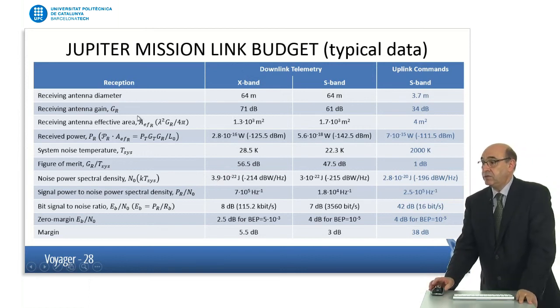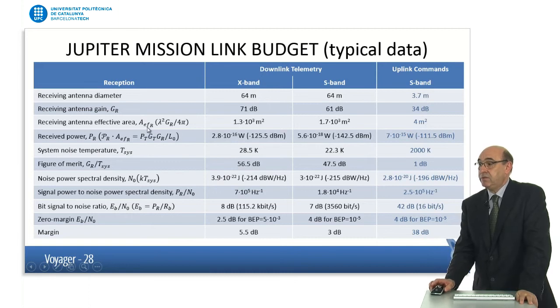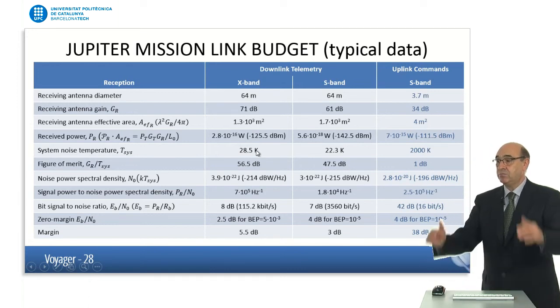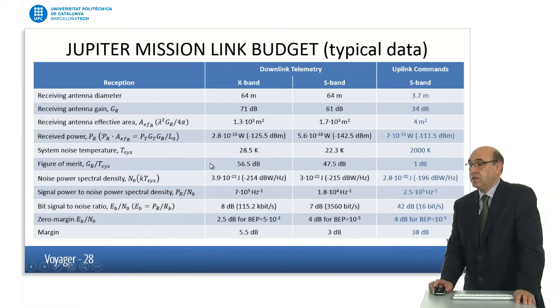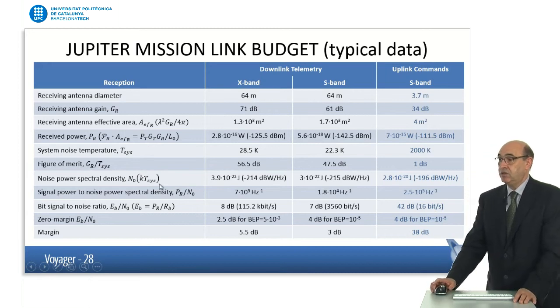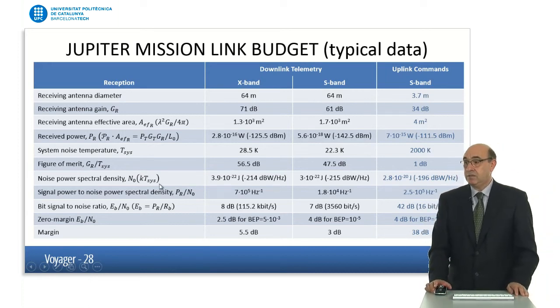The receivers on Earth have the minimum possible noise temperature that one could imagine. This is where all the effort went, to diminish as much as possible the noise temperature of the system. You can either work the G over T or go directly to the noise power spectral density. This is just Boltzmann's constant times the system temperature.